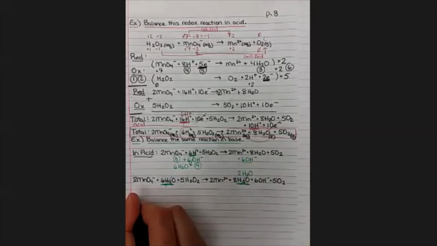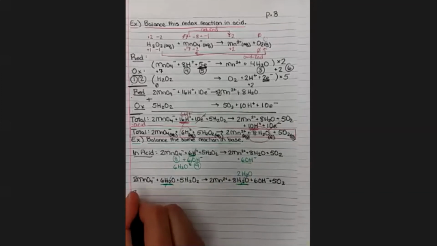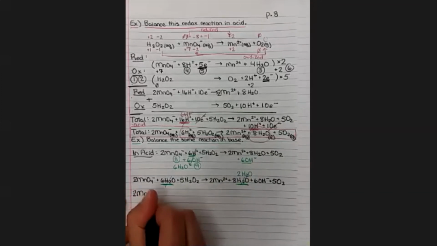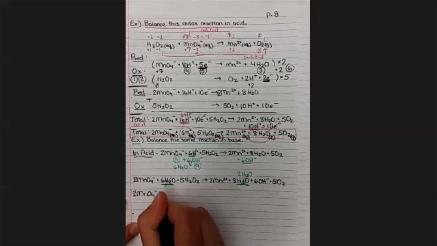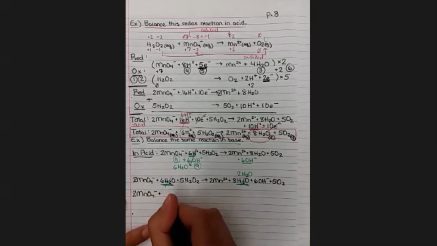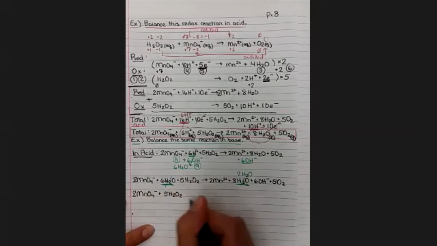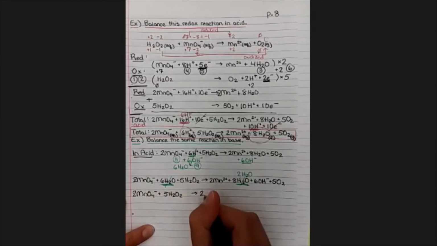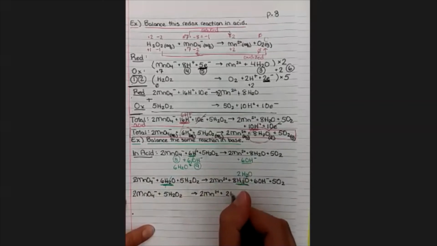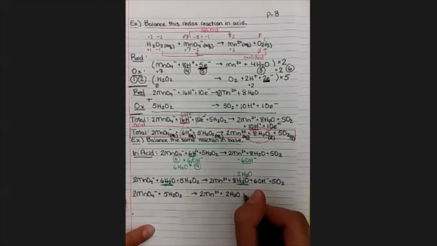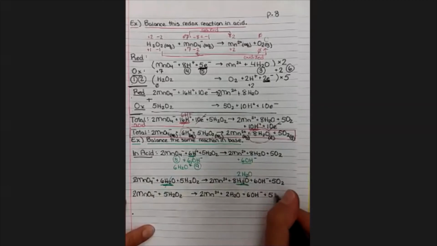And then we can write it again, clean it up. 2 MnO4 minus, the water is gone, 5 peroxide, goes to 2 manganese, 2 water, 6 hydroxide, and 5 oxygen.